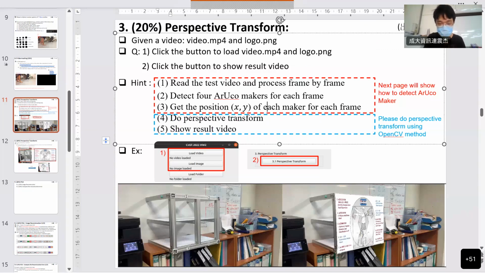You transform the logo, mapping the logo image based on the 4 positions here, by using perspective transform, based on the 4 marker positions.